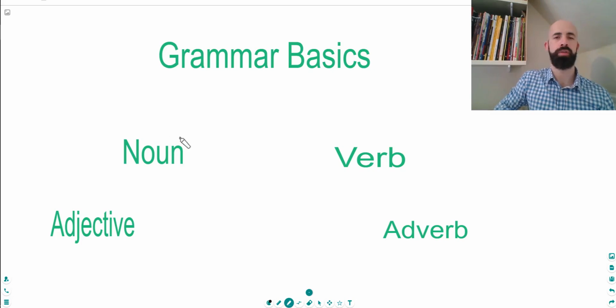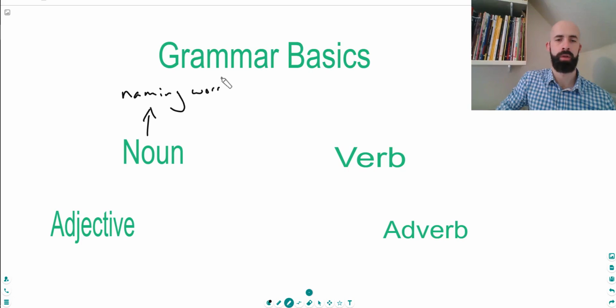Okay, so hopefully you've had a little go at doing that exercise. Now we're going to look through them one by one. So first up on the left hand side here is the noun, and this is commonly described as a naming word. Okay, so we're mainly talking about objects and things.